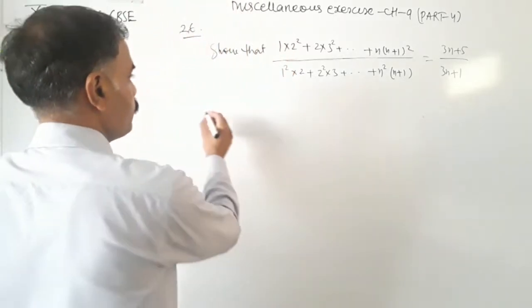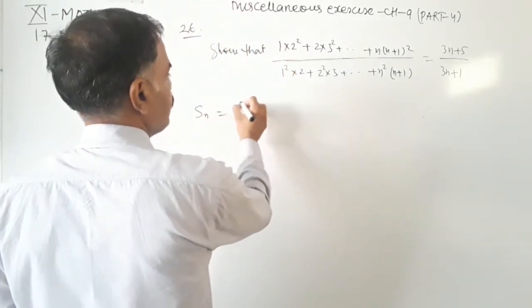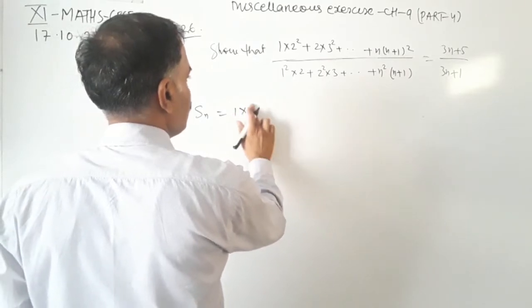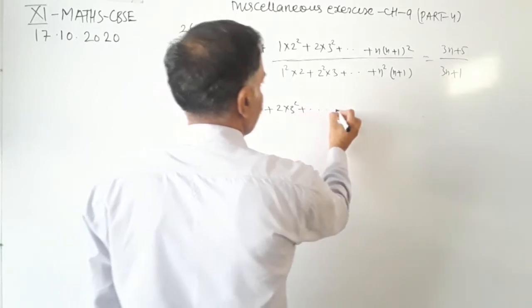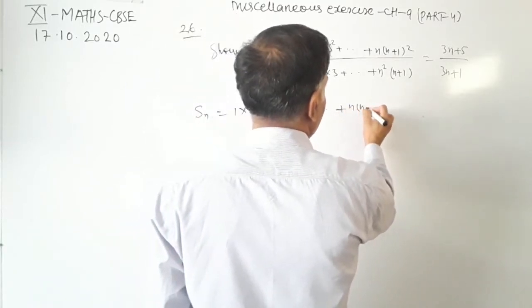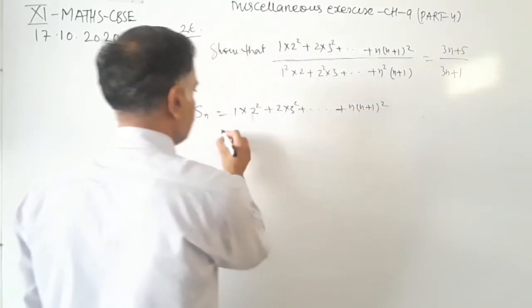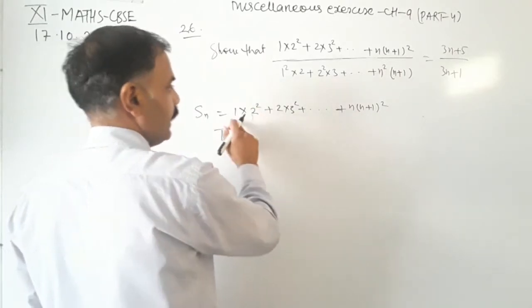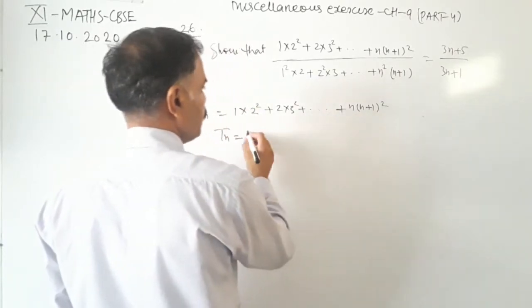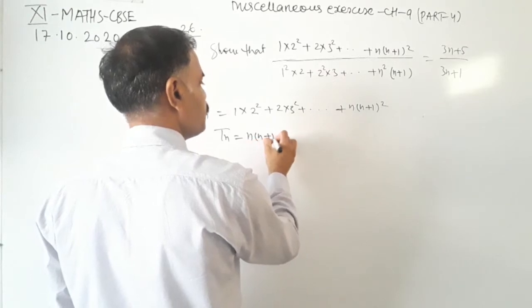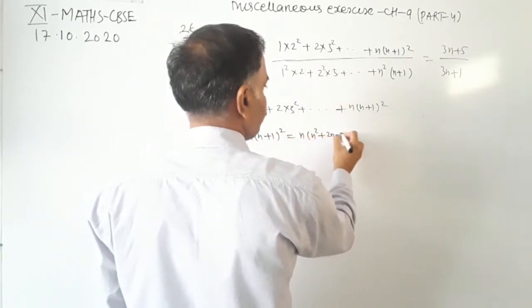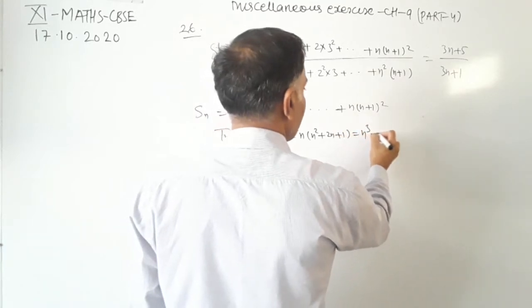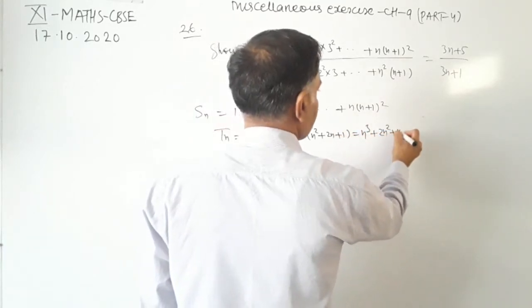So the first series Sn is 1 into 2 square plus 2 into 3 square plus and so on plus n into (n plus 1) whole square. The Tn, meaning the nth term of this series, is n into (n plus 1) whole square, that is n into (n square plus 2n plus 1), which is n cube plus 2n square plus n.